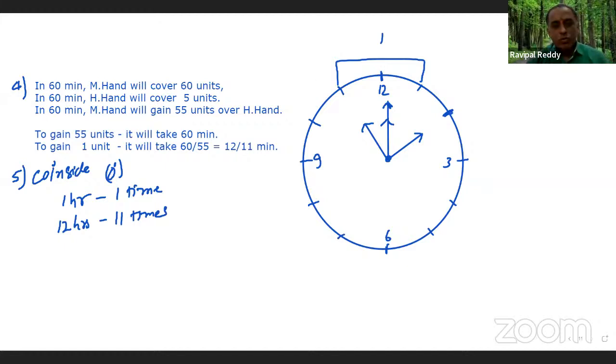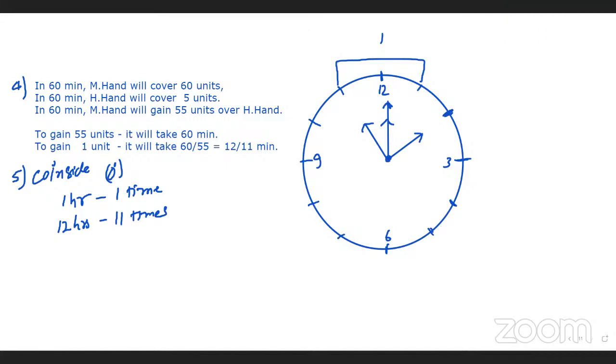At 11:10, it will reach 2. Then 11:15, 11:20, 11:25. At 11:25 also these two hands do not coincide.